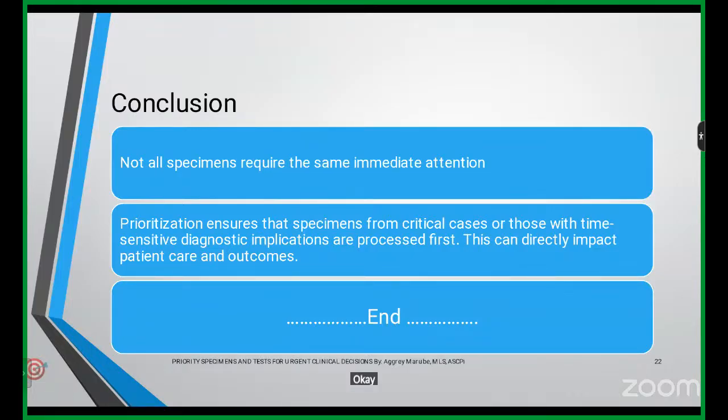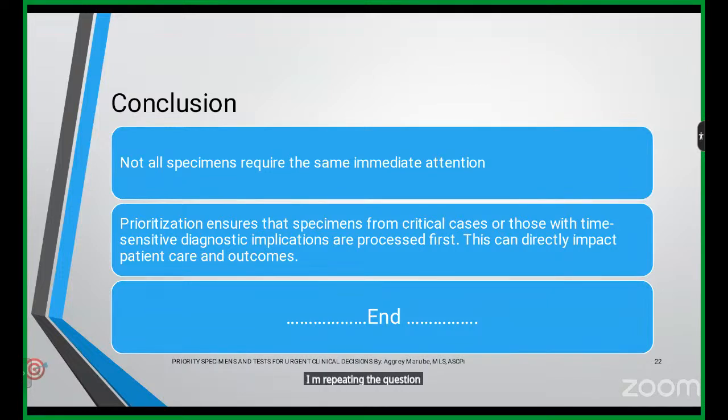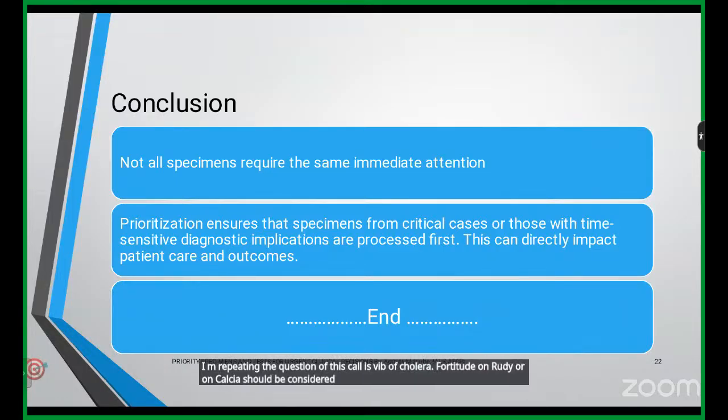As you tackle your last question and then go ahead and give your parting shot, there's a last question from Benedict Omondi, and it goes: is V. cholerae positive on RDT or on culture to be considered a critical value?